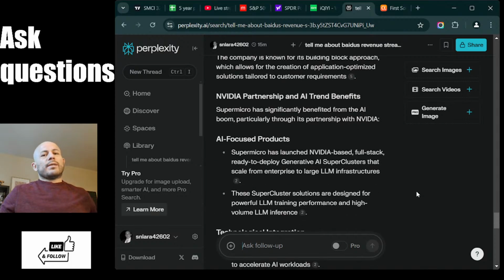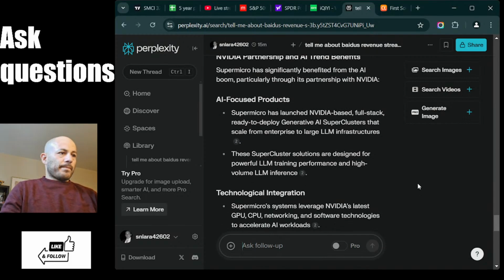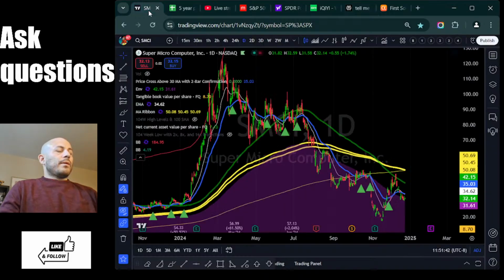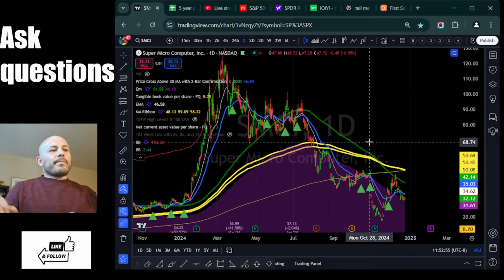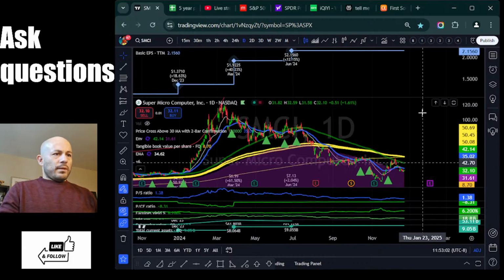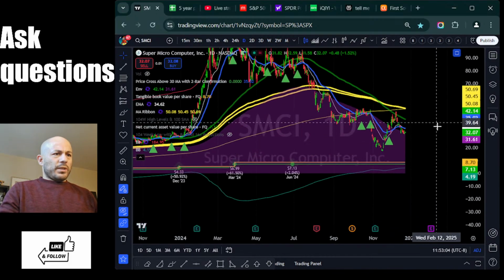So from my understanding, they build the whole racks and they install everything around the NVIDIA parts. Anyways, it was beat up. It's a way to participate in a value way. Their tangible book value was near too.